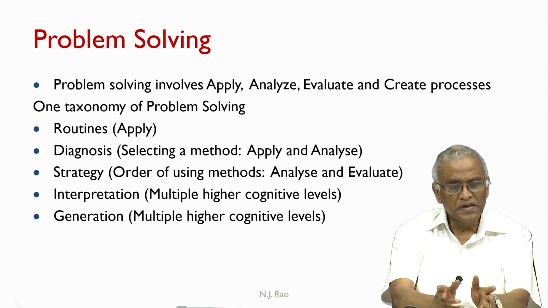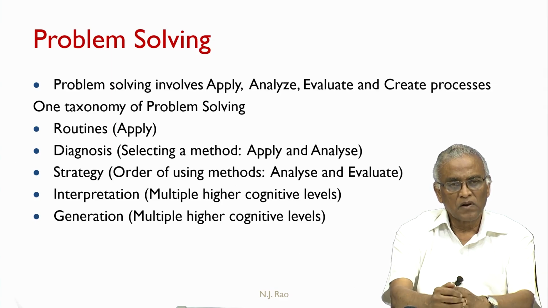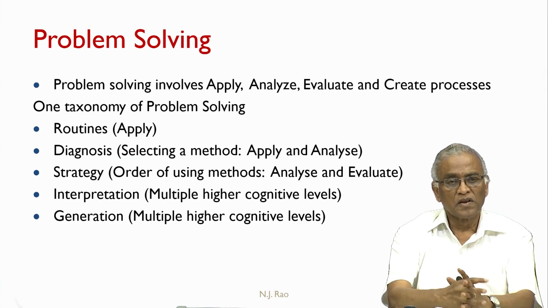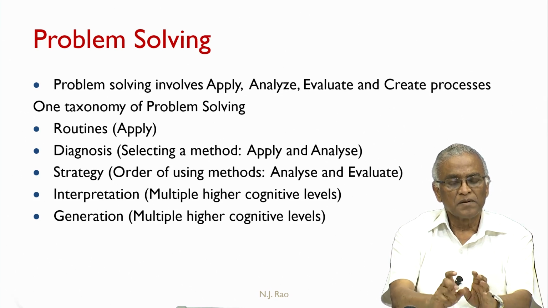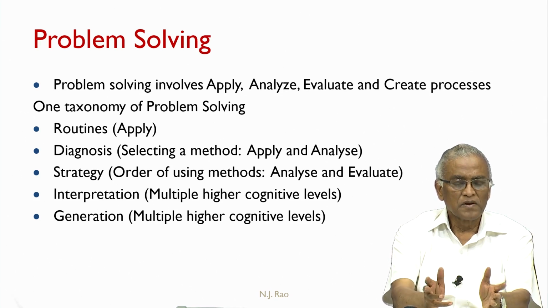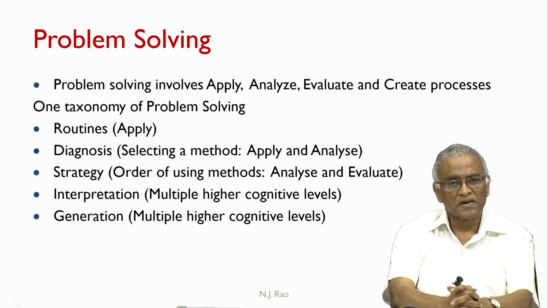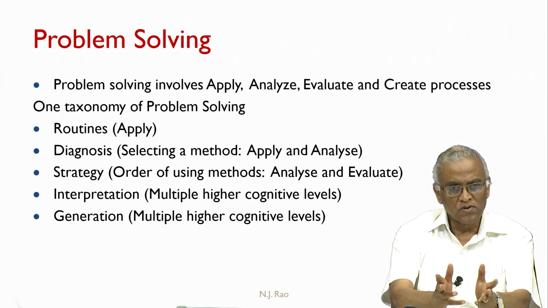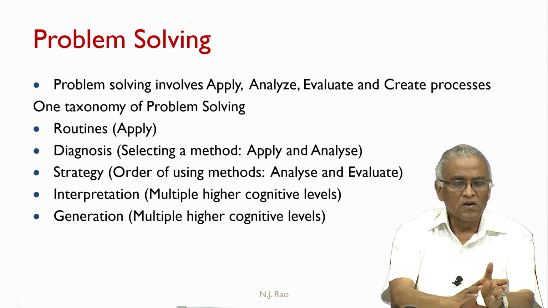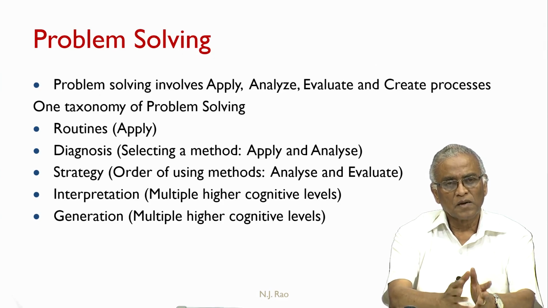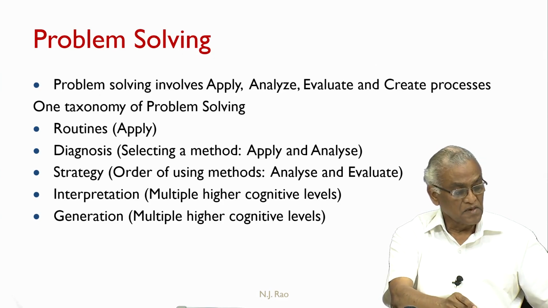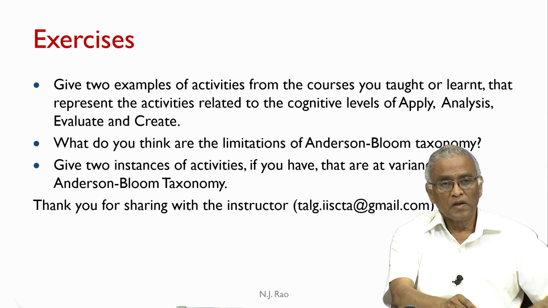And if you are interpreting a certain method of solving, then it also will involve multiple higher cognitive levels, or you are generating a completely new way of solving. Here also you have multiple higher cognitive levels. So in whatever way you are looking at problem solving, all the processes involved are subsumed under Anderson-Bloom taxonomy.